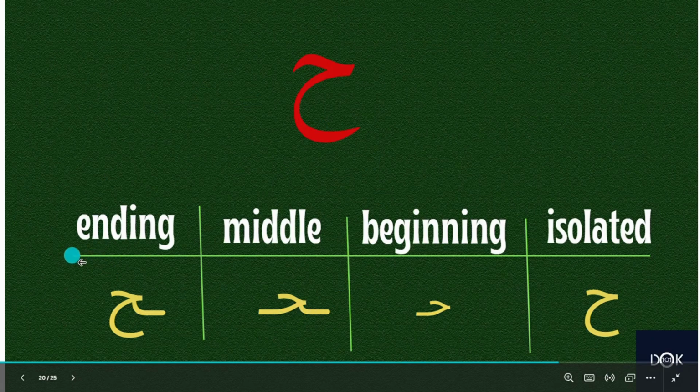And then the last one is the ending. Ha might also appear as an isolated form at the end, and it is also joined to the letter prior to it. So this is Ha. Let's look at the examples.